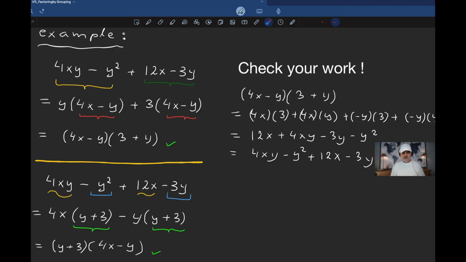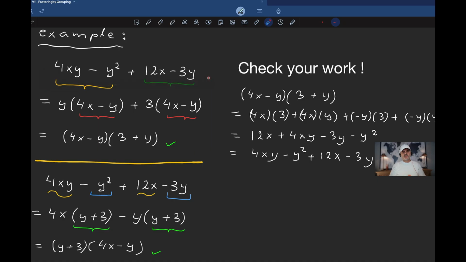So we have 12x, 4xy, negative 3y this time, because of multiplication of positive and negative, and negative y squared, because again, of the product of positive y and negative y. And as you group this and simplify in alphanumerical order, you will see that this is exactly the same polynomial as we had in this example.